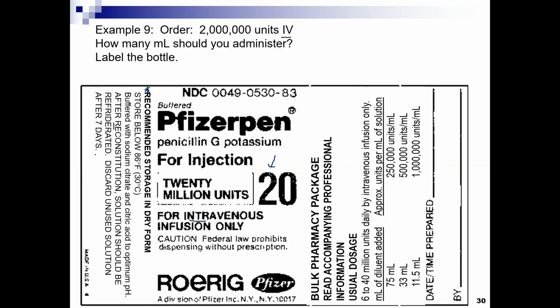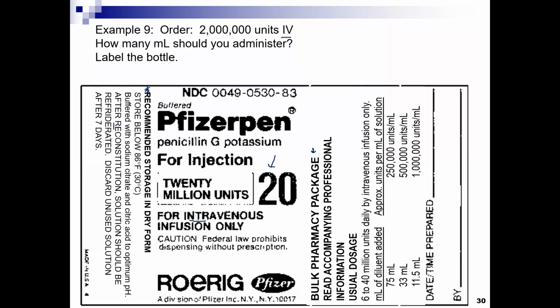Let me look at the rest of the fine print to see if I can figure out how it needs to be reconstituted. On the other side, I see that this is a bulk pharmacy package, and usual dosage is anywhere from 6 to 40 million units daily by intravenous infusion only.